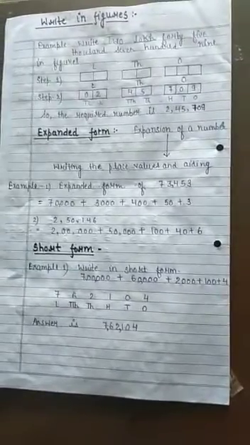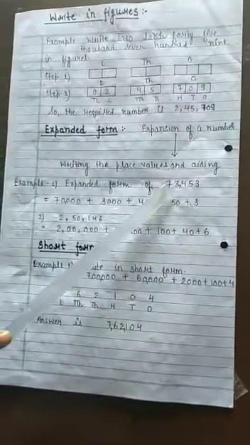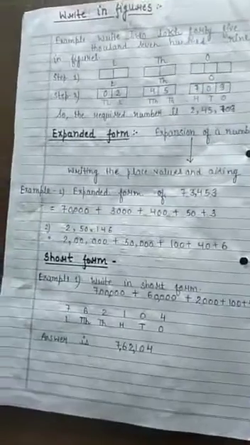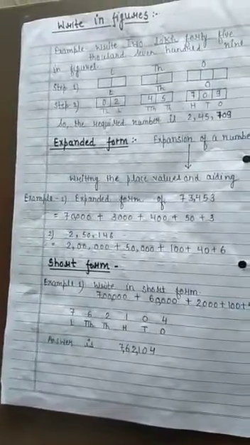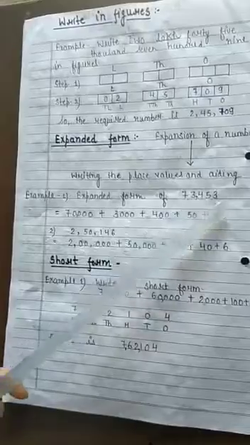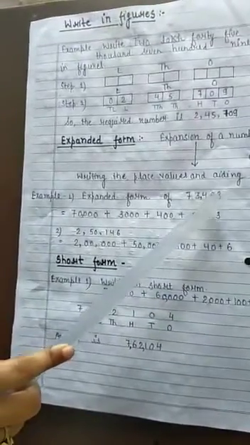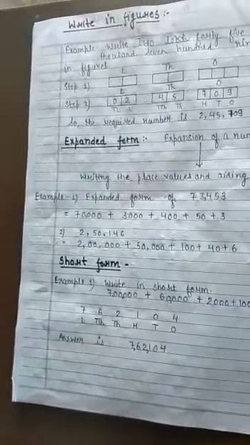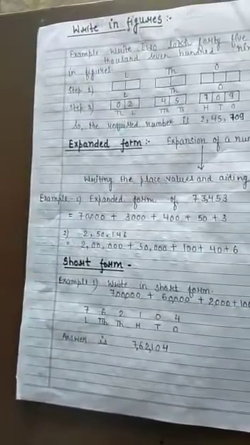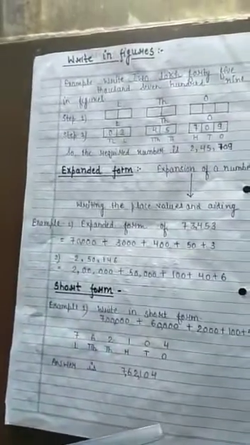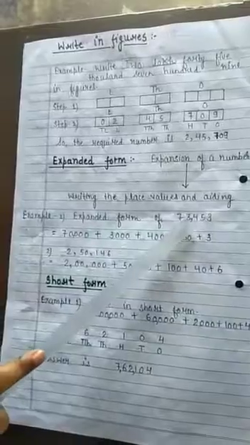Firstly, we will start from the left by taking the first digit, that is 7. Now count the number of digits after 7, that is 1, 2, 3, 4. Now we will put 4 zeros after 7. Now making a plus sign, we will move further and the next digit is 3.